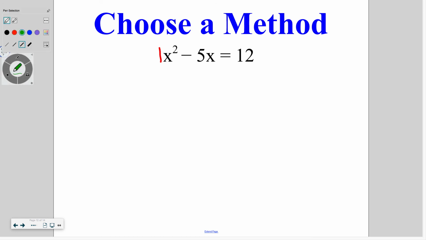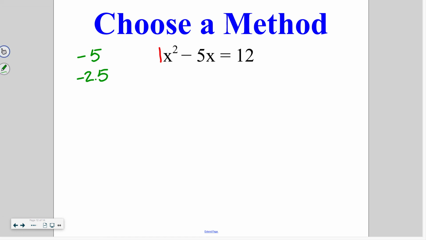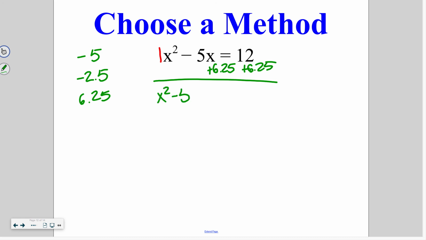I'm going to look at the b value, which is negative 5, take half of that, which is negative 2.5, and then square that, which is going to give me 6.25. I'm going to go ahead and add that to both sides of the equation, which gives me x squared minus 5x plus 6.25 is equal to 18.25.